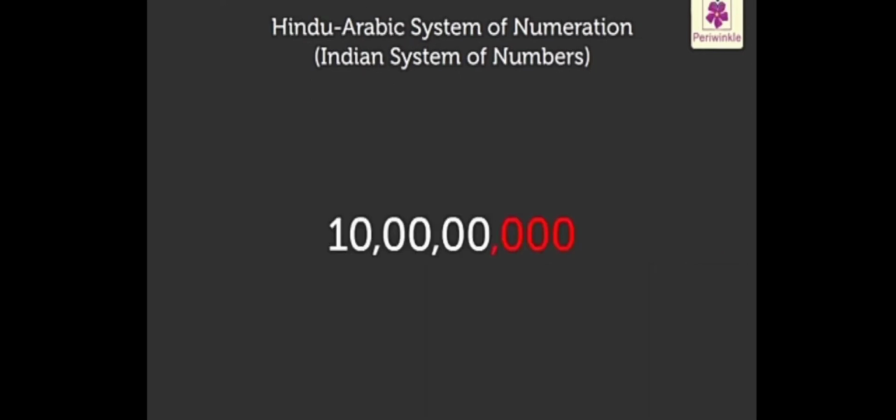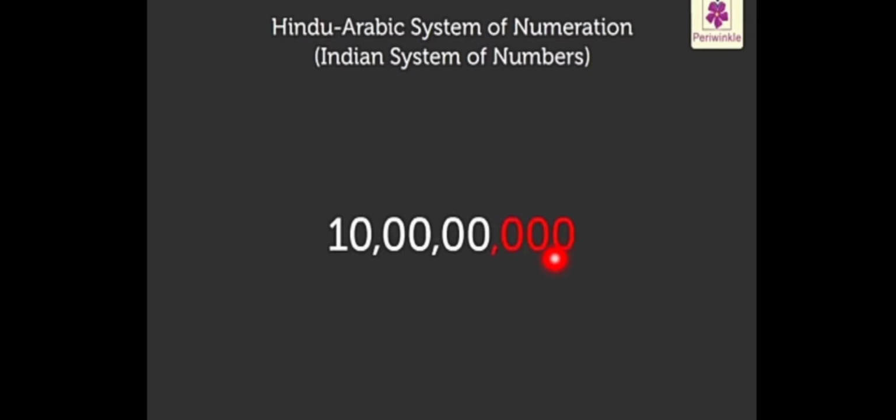Children, as you can see here, we put some commas in these values. So firstly we will learn how we can put commas in numbers. In the Indian number system, we put the first comma after the first 3 digits from the right side.